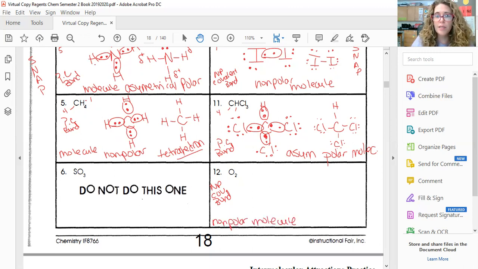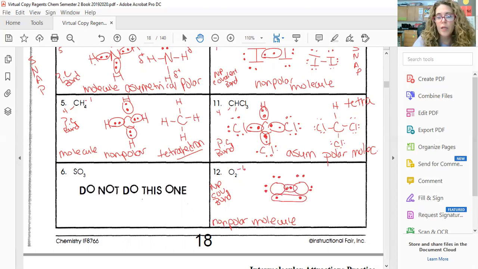So now I have oxygen, and I have an oxygen. I have 2, 3, 4, 5, 6. 1, 2, 3, 4, 5, and 6. I know oxygen has 6, right? It needs 8, right? It needs to make 2 bonds.